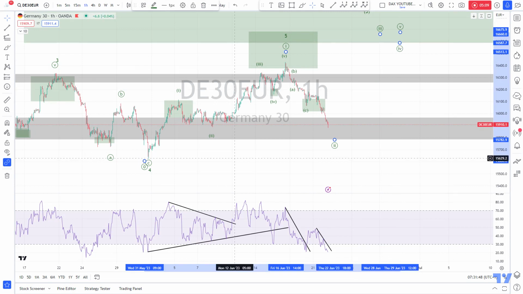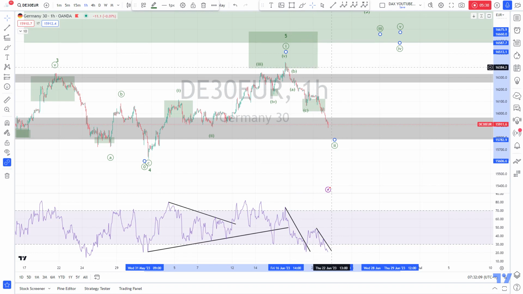We first need to take out this low before I can make my primary scenario that the wave 5 is in, because the DAX is bullish. We see exhaustion, but the DAX is bullish, so I cannot make my primary count a very bearish count.